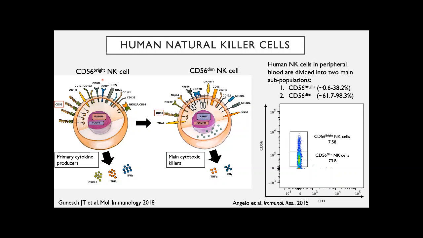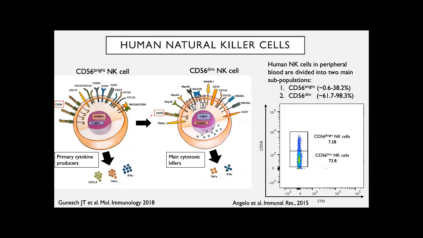They express CD62 ligand and CCR7, which again are associated with tissue residency or homing, as well as CD127, which is the IL-7 receptor. And they express transcription factors, including EOMES and TBET. And these cells are very potent producers of cytokines with minimal further activation, so particularly interferon gamma and TNF alpha.